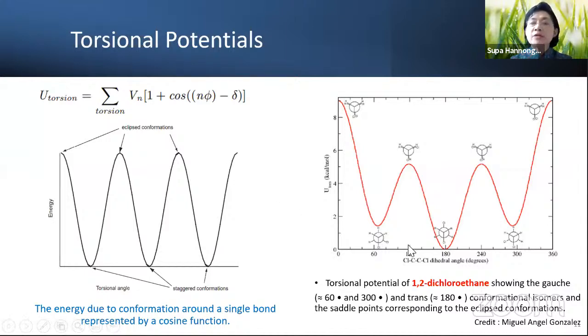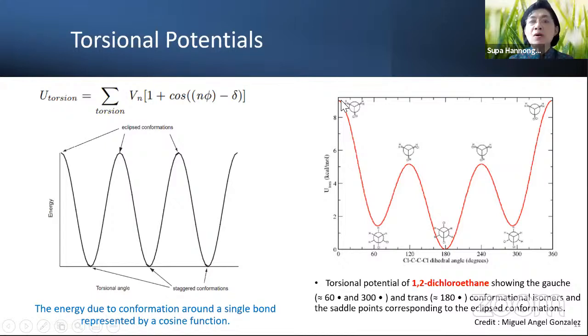And the same is true if we apply it to some organic molecules like 1,2-dichloroethane. Everybody knows about 1,2-dichloroethane, right? Very simple molecules. If the dichloro groups are in the eclipsed conformation, the steric interaction between the two groups makes the energy high and not stable.